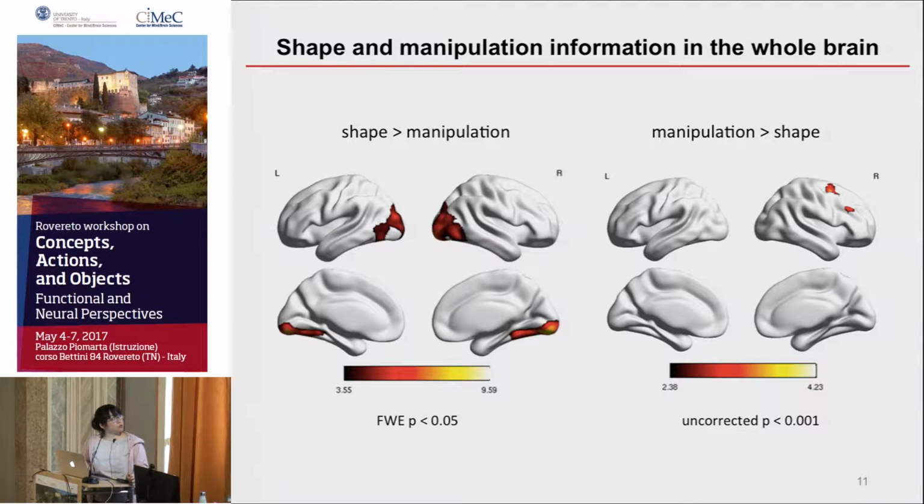Well, the comparison between the two properties in the whole brain also gave similar results. As in the ROI analysis, we found specificity of shape information in the bilateral occipital-temporal regions, extending to some of the parietal regions, while manipulation information did not survive multiple comparison correction, but there's some trend of specificity of manipulation information in the right precentral regions.